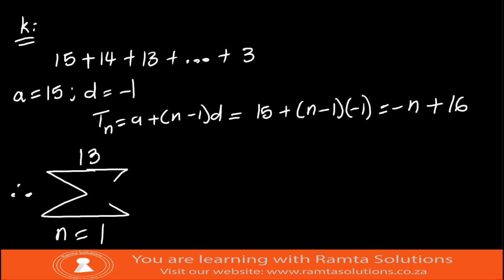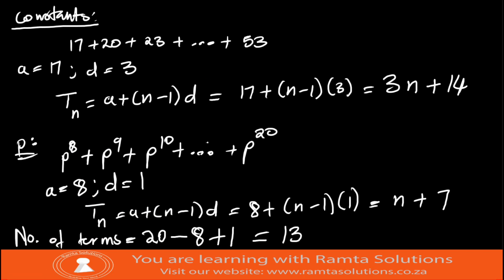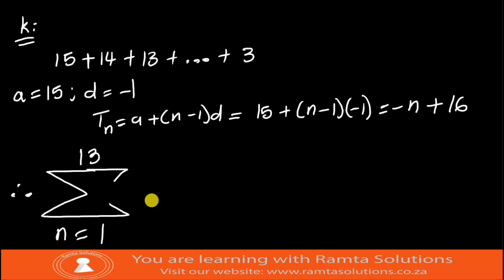The general term for the constants was 3n plus 14. Yes, it was plus 14. 3n plus 14.